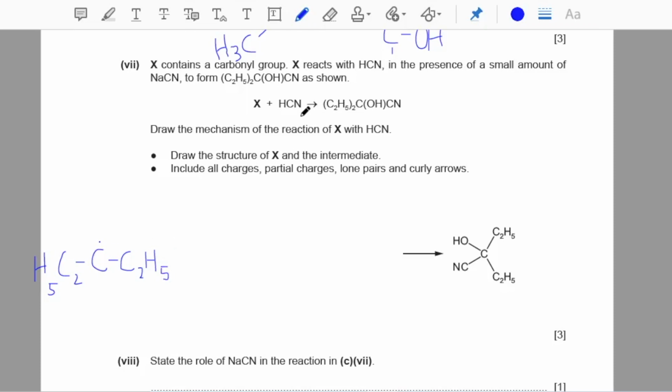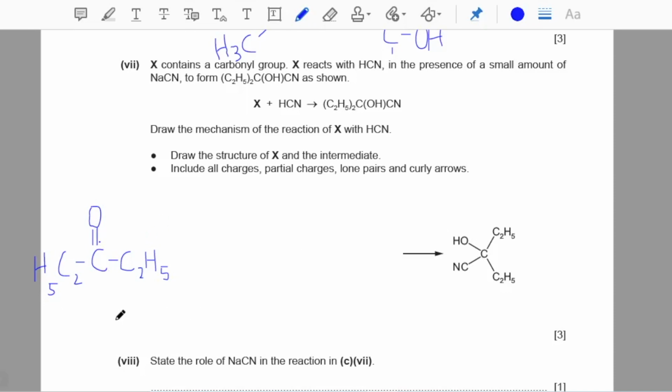When that reactant reacts with HCN, it produces a hydroxyl group as well as a cyanide group, which means a ketone must be there, because when a ketone reacts with HCN, this bond will break and H will be attached to it, and then a cyanide ion will be attached to this carbon to form CN and OH.